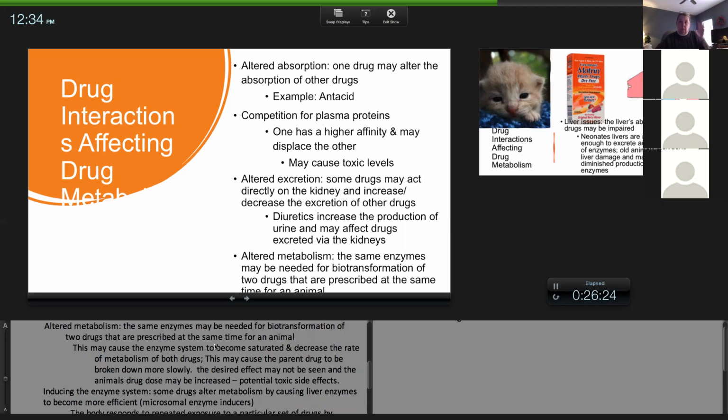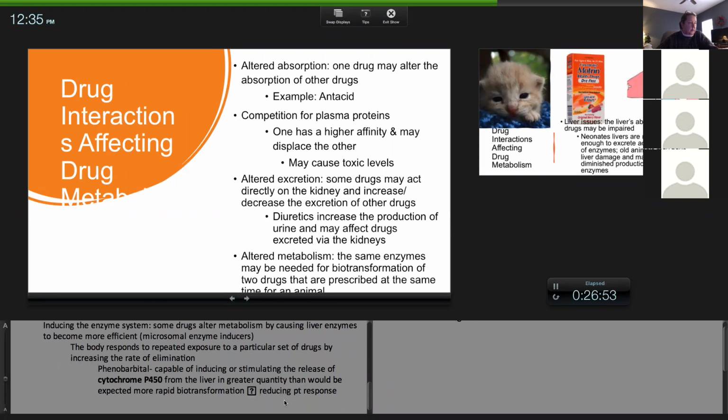You're not having one work on just one drug. So if they're broken down more slowly, not as rapidly, you can see potential toxic side effects, because it's not being broken down and excreted at the rate it should be, because there's competition for that enzyme. Therefore, slower breakdown, slower excretion.